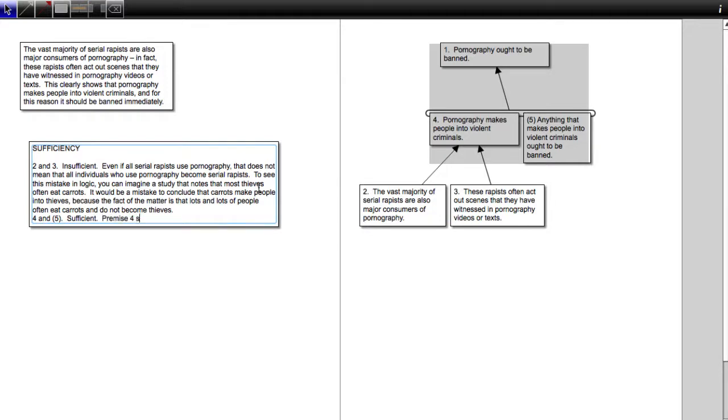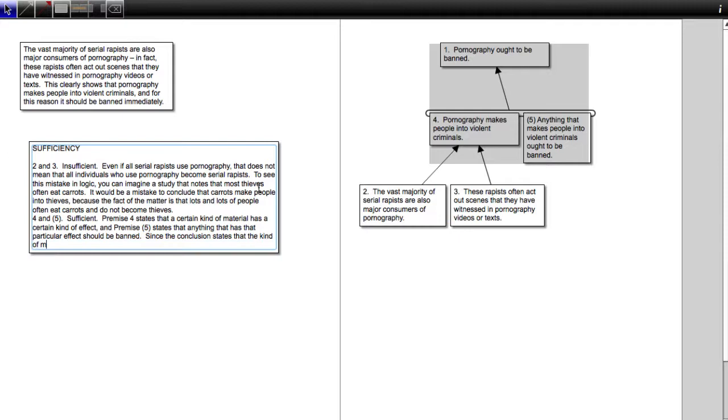Premise 4 states that a certain kind of material has a certain kind of effect, and premise 5 states that anything that has that particular effect should be banned, since the conclusion states that the kind of material mentioned in premise 4 should be banned.